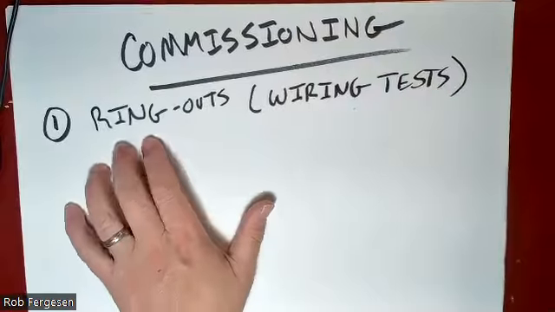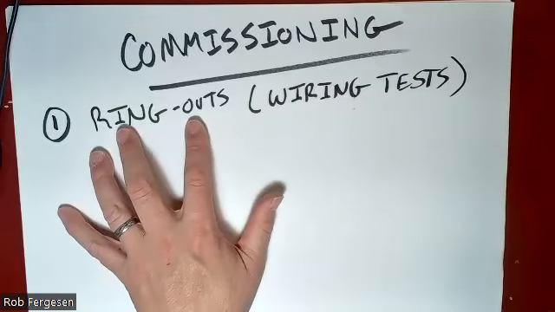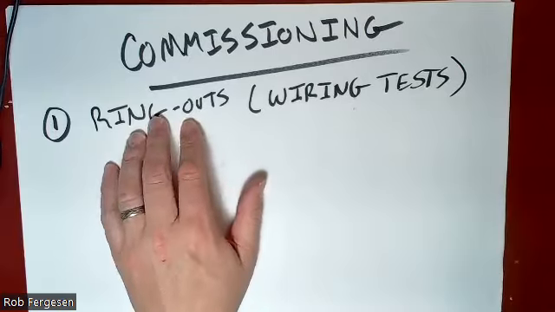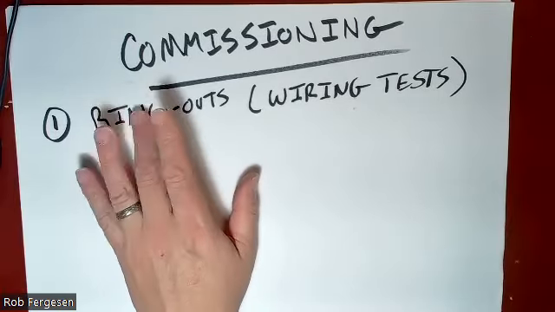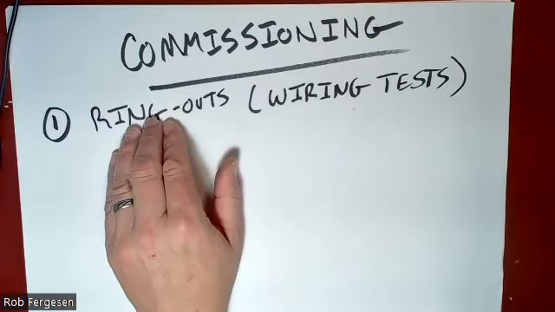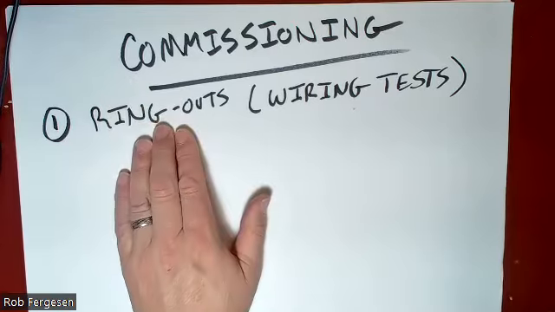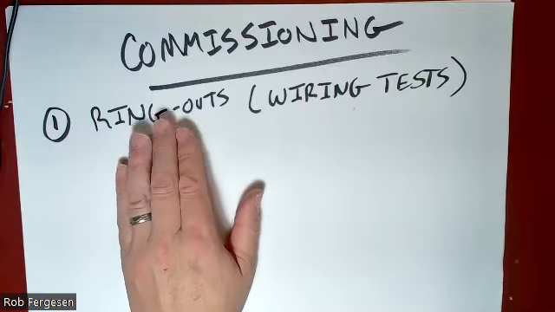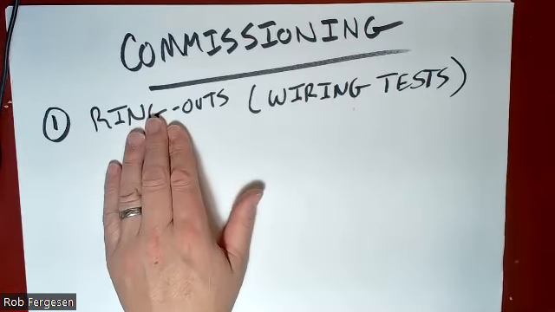So a ring out and a wiring test is essentially when you've got, say, your electrical drawings all laid out in front of you, you one by one verify that the wire on the drawing is a wire that is running in the plant to the correct location in that plant. Sometimes it involves just a visual check, and more often it will be an electrical check.